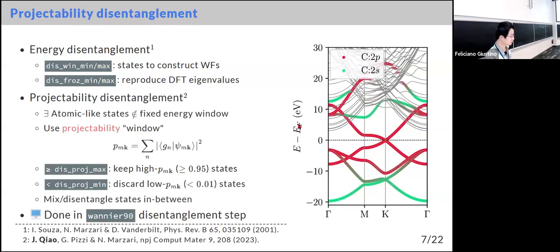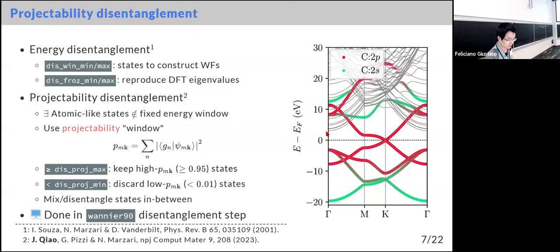The idea is simple. If we look at this projected band structure of graphene, you see that these colored bands are the bands with high projectability. That means they can be represented by localized S and P orbitals. However, these states are not necessarily inside an energy window. That's why we introduce this projectability window. If the states have high projectability, that is, they are colored, then we try to reproduce them in our Wannier function.